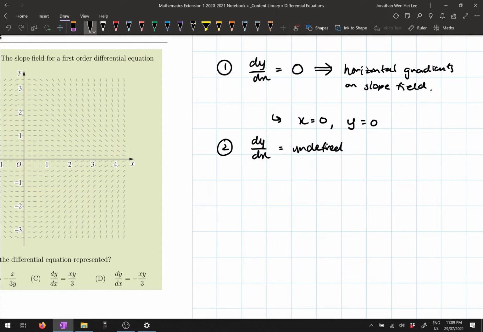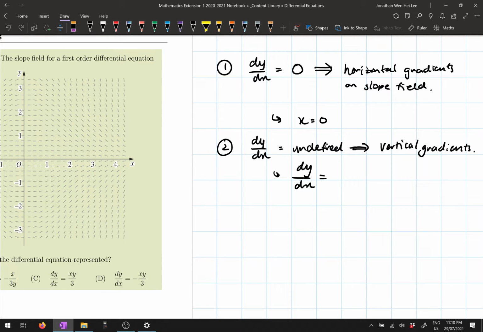Here we're looking for parts where you've got vertical gradients. A better way to write this is in your differential equation.